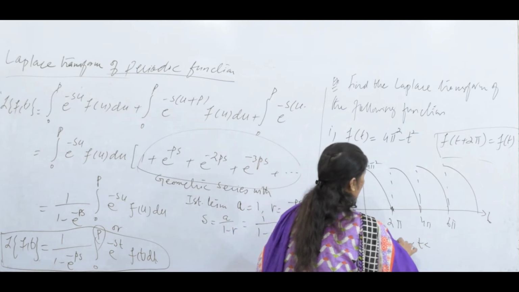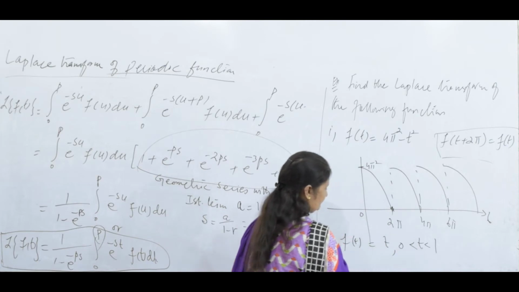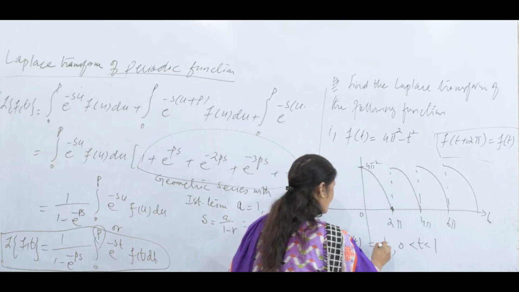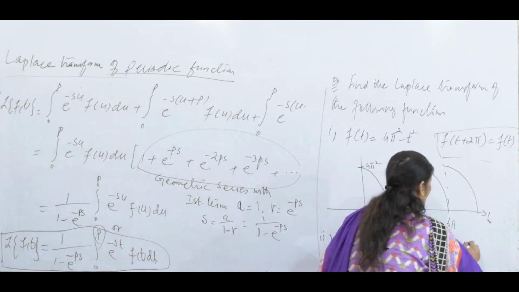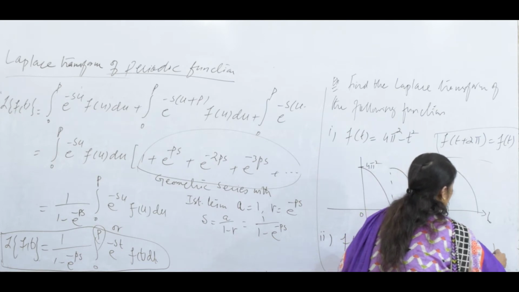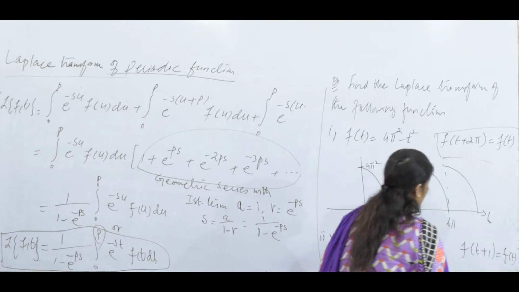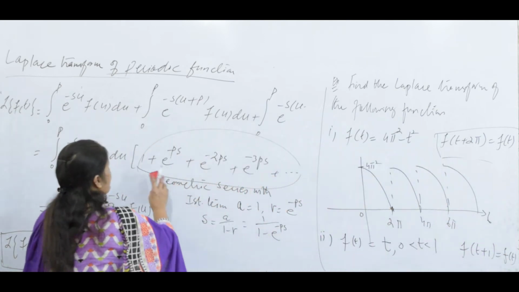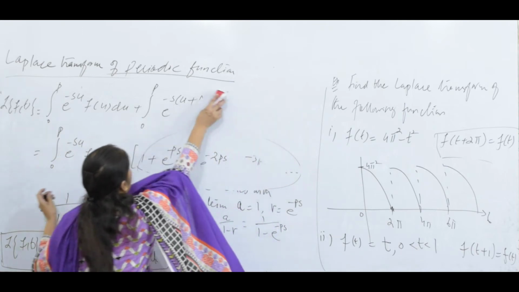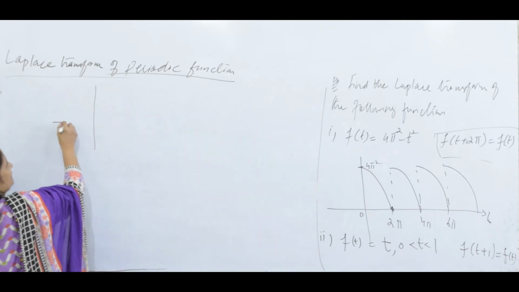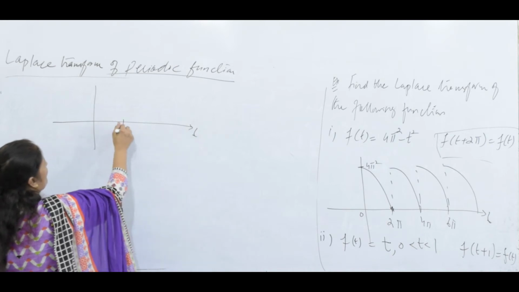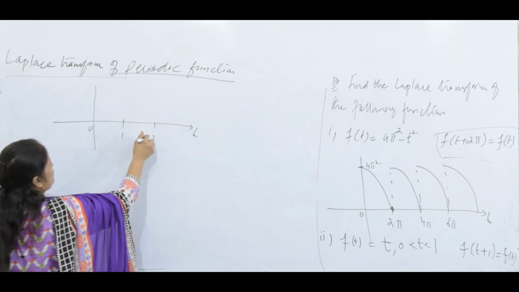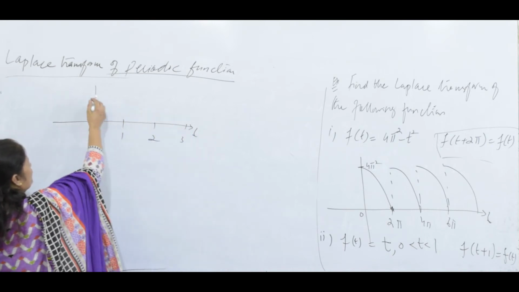Second, f of t is t, where t lies between 0 and 1, and f of t plus 1 is f of t. Look at that. It means this function is periodic. Let me sketch that function. This is 1, 0, this is 2, this is 3, and so forth.